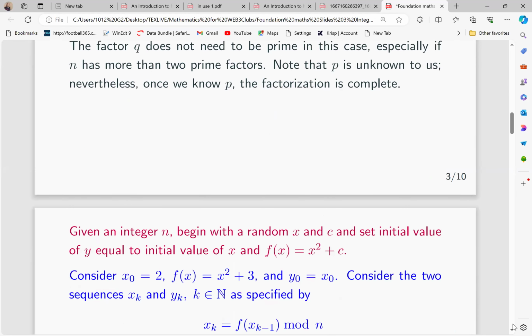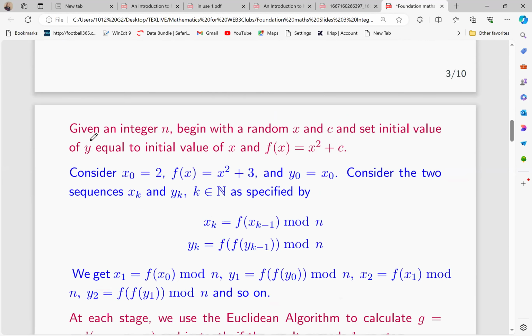Now, this is what we'll be doing. I said that this method uses the knowledge of congruence. Before using it, you have some starting conditions. I want to begin by assuming that I want to factorize this number n. I'll choose another number, x, randomly, and then choose a constant, again just random.